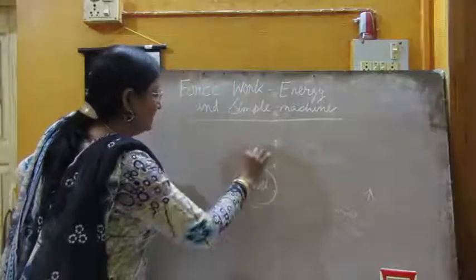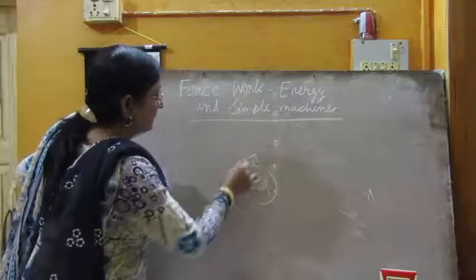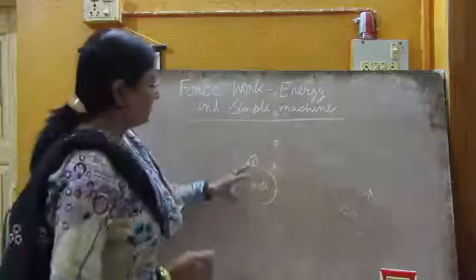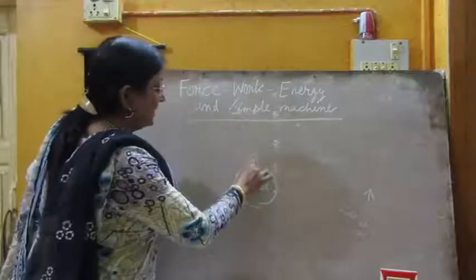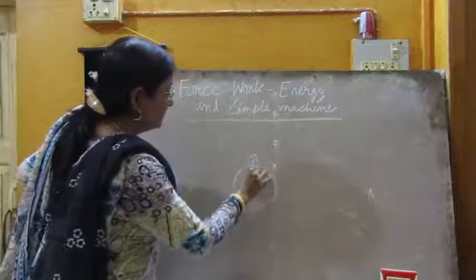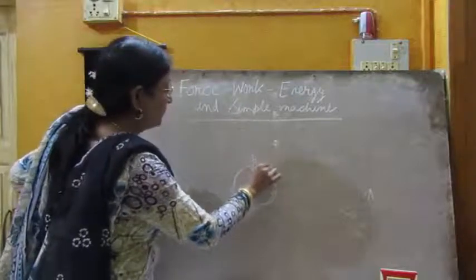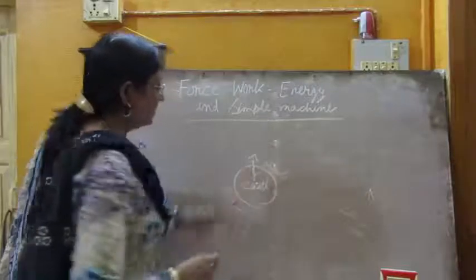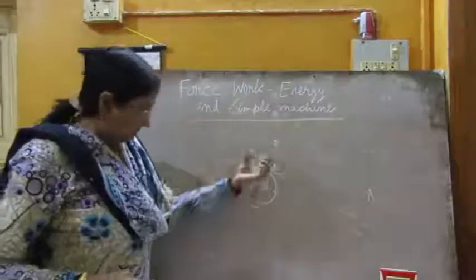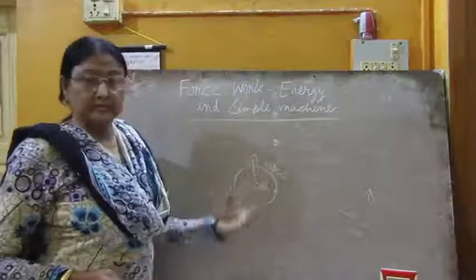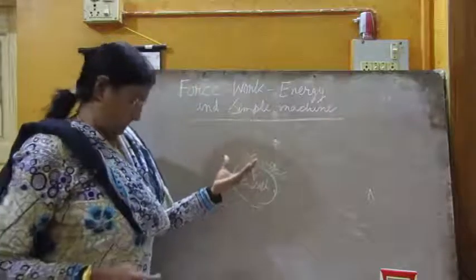How are they attached to the surface of the earth? Why are they not falling into space? It is because the earth is attracting towards its center. This is the center. The earth is attracting all the objects on the surface of the earth with a force. This force is called the gravitational force.